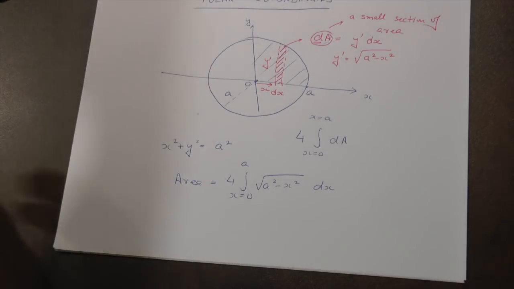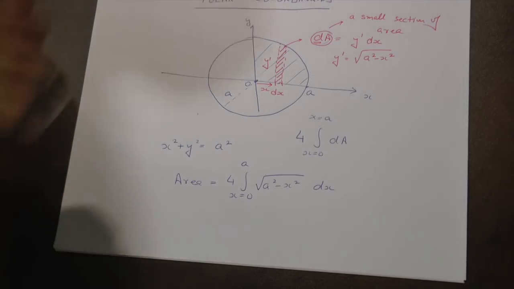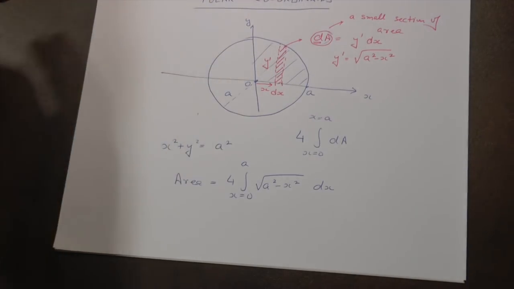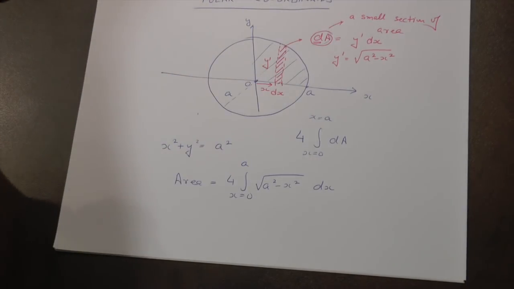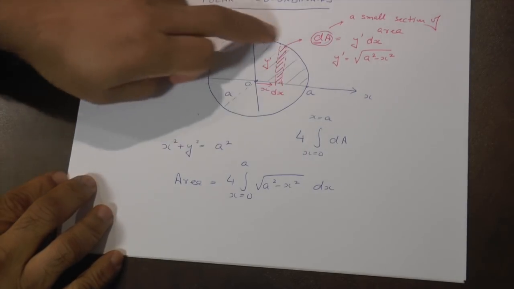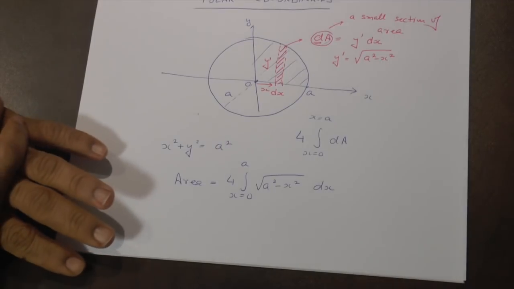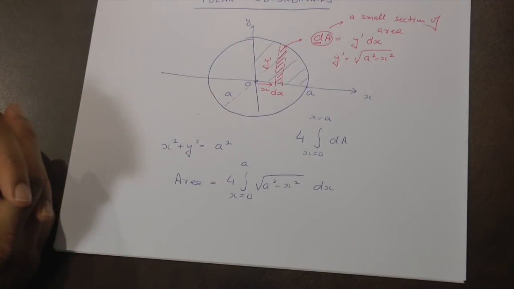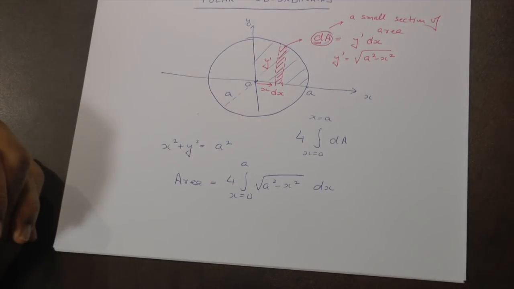There are many ways you can evaluate this integral. You can use substitutions. x is some a sine theta, and then convert the integral form there. But my question to you is this now. Is this the best way of calculating something which looks like a circle? Yes, you will get to the right answer if you do this integral, and many of you did get to the right answer.